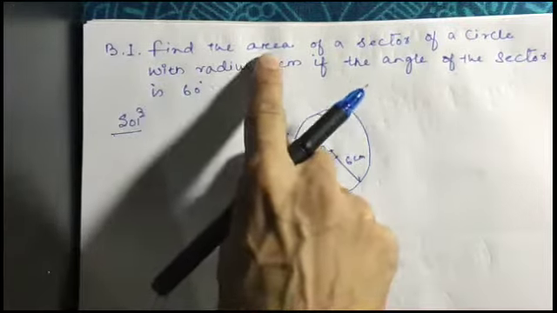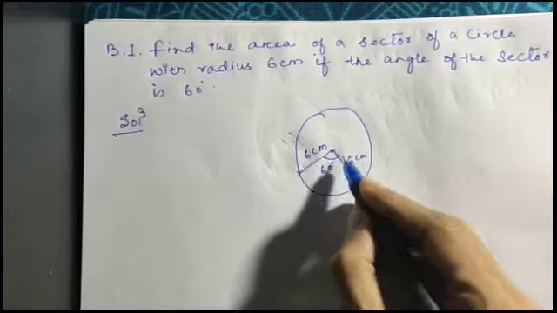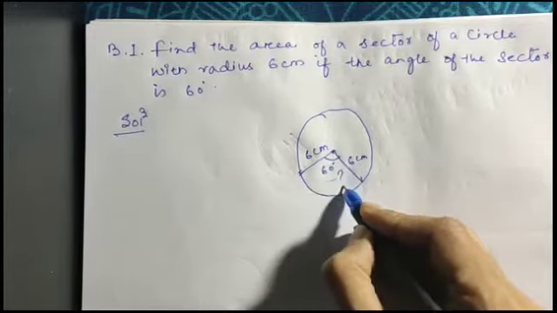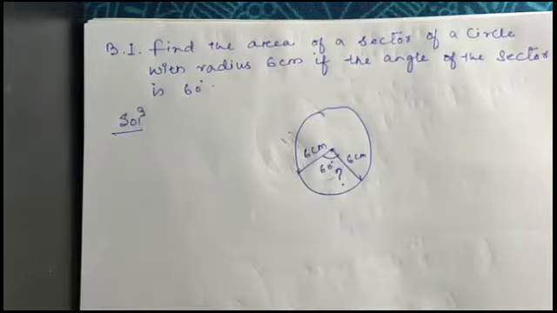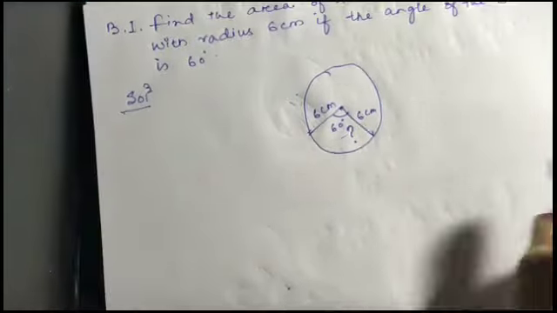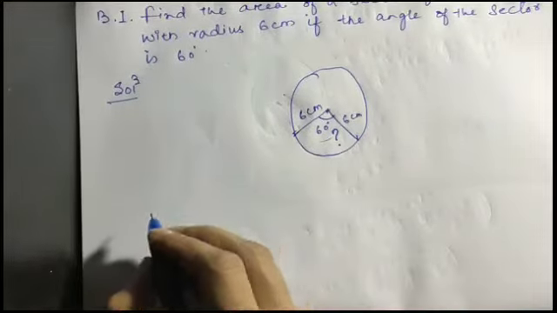So we are asked to find out the area of this sector. This portion, this sector, we are asked to find out. This sector is called what? Minor sector. So we are going to find out the area of this minor sector. Now what is given? Let us write down.